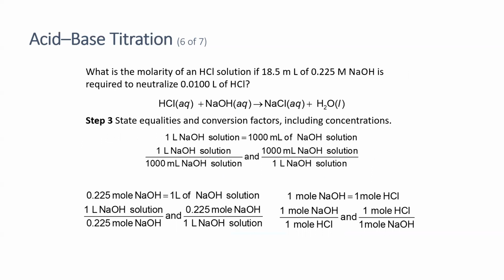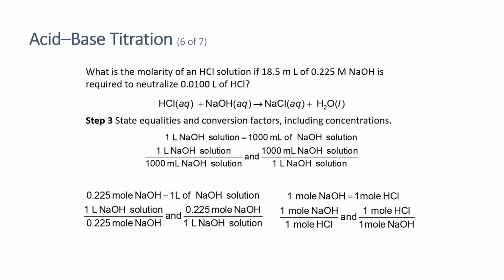Because we have to convert milliliters of the sodium hydroxide solution to liters of sodium hydroxide solution, we need to note that 1 liter is equal to 1,000 milliliters. Remember that we can use concentrations in molarity as a conversion factor because they relate the number of moles of something, for example, sodium hydroxide, to the number of liters of the sodium hydroxide solution.